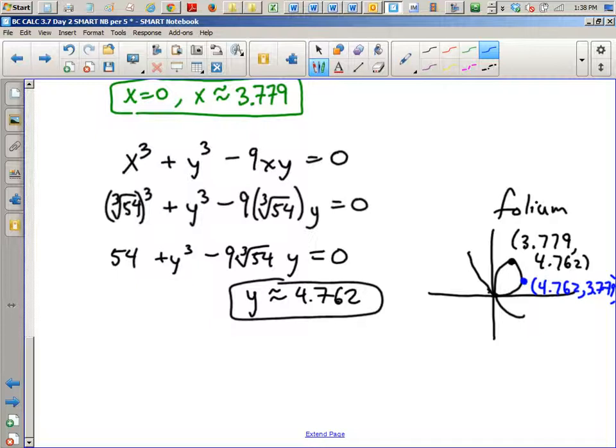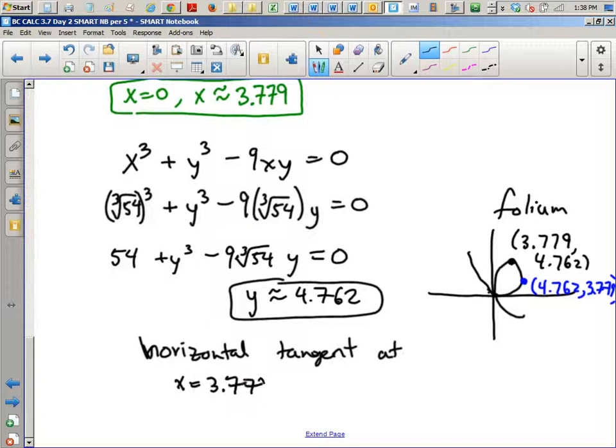Okay, and so they had asked me for where the lines are. What does that mean when they ask, where are the lines? They usually are asking for the x-coordinate. They want the x's. Okay, so let's do horizontals first. Horizontal tangent at x equals 3.779, and the origin, of course.